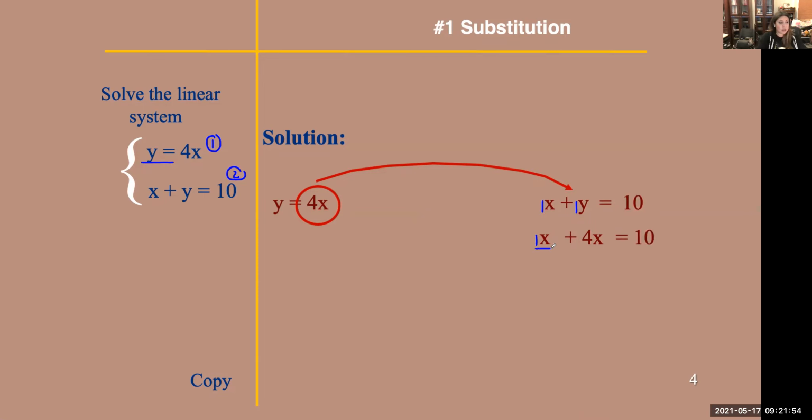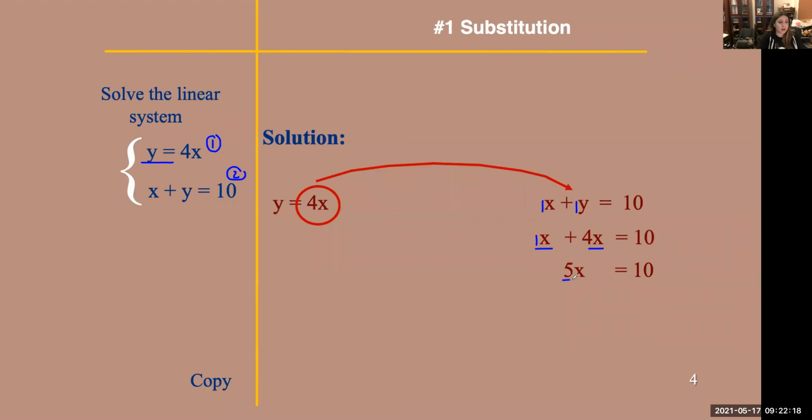Now I can see that both of these are x's, so I can combine them. What does combining mean? That means that we're going to add them or subtract them depending on our signs. So I have 1 plus 4. 1 plus 4 gives me a 5x. So 1 plus 4 gives me 5. Bring down my 10 because nothing happened to that.